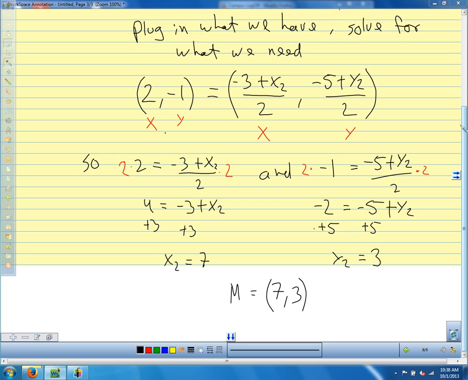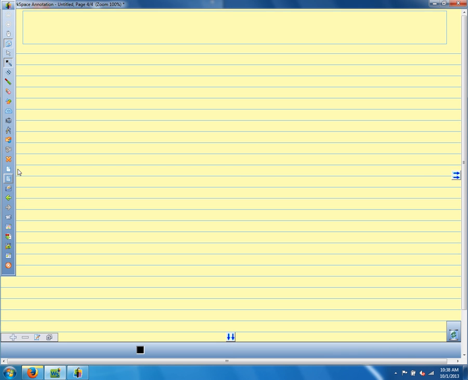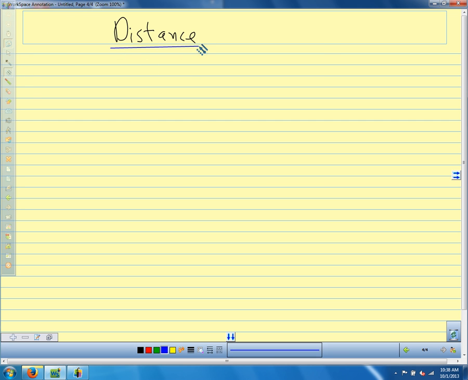All right, let's talk about distance. We can find the midpoint between 2 points in the plane. We can also find the distance. When we were talking about a number line, we had an easy way to find the distance between our points, didn't we?